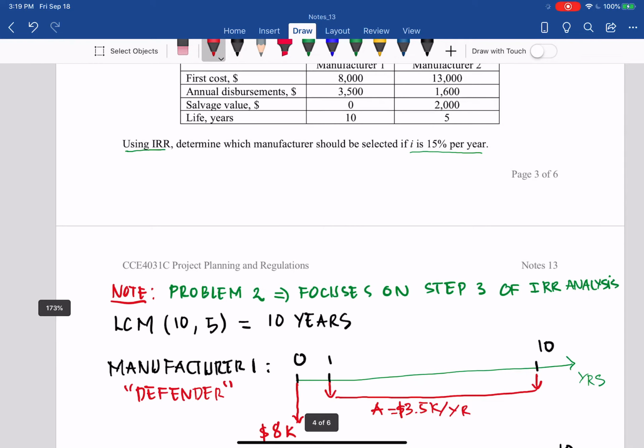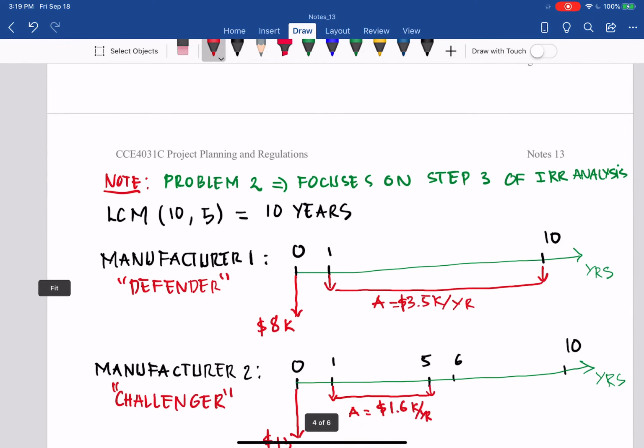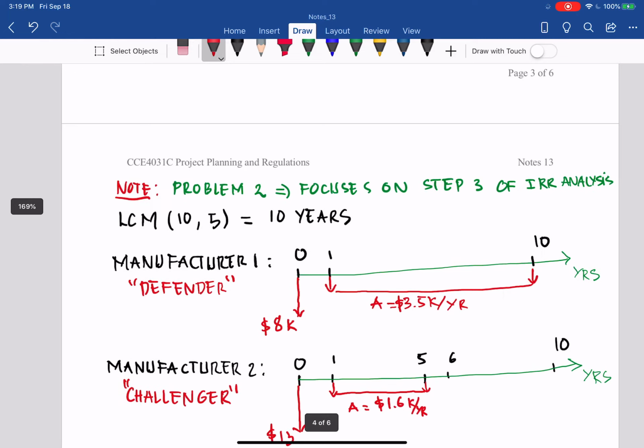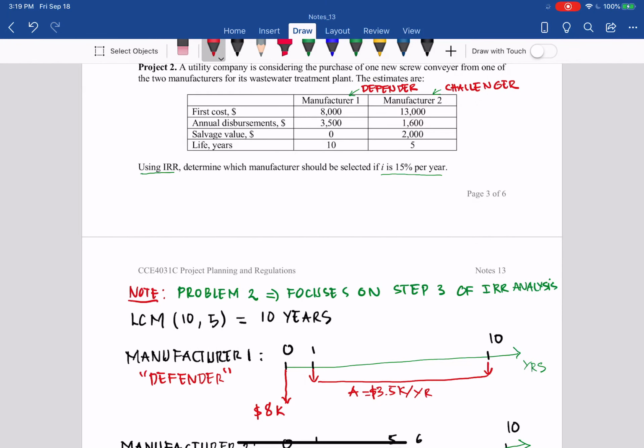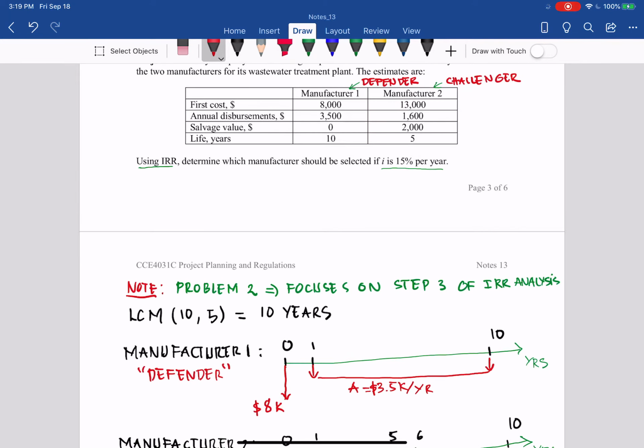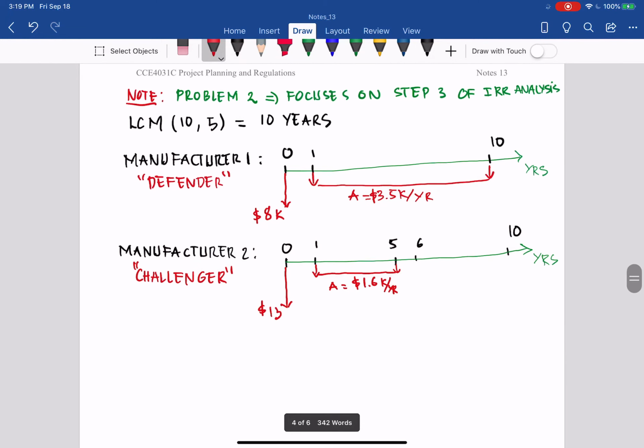So at the end of year 5 you get the salvage value. No salvage value for manufacturer 1 equipment, but 2,000 at the end of year 5 for manufacturer 2.